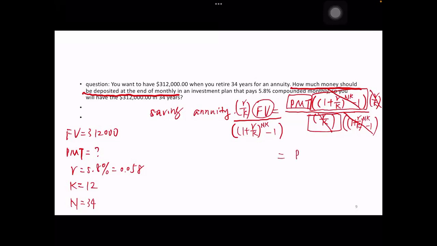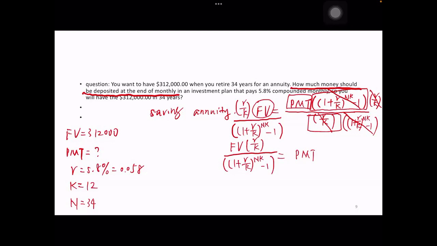The left-hand side we can switch around: that's the future value times R over K divided by outer parentheses, inner parentheses, 1 plus R over K raised to the NK power minus 1. So we got the payment formula.